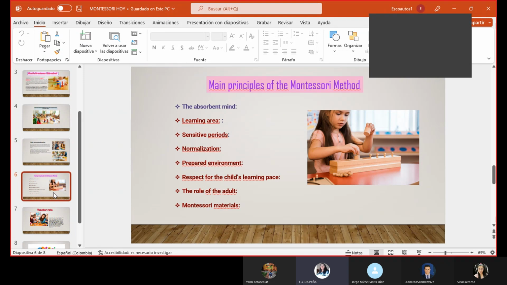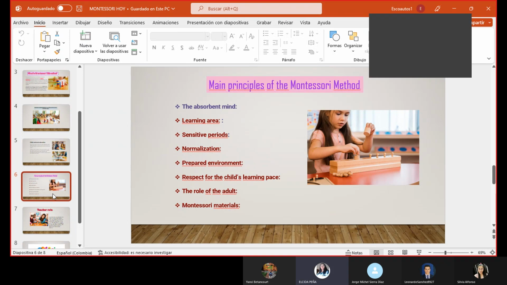The main principles of the Montessori method are the absorbent mind, sensitive periods, normalization, prepared environment, respect for the child's learning pace, the role of the adult, and Montessori materials. For example, the absorbent mind means children have the innate capacity to receive, process, and store effortlessly in their brain cells everything that surrounds them in their environment.